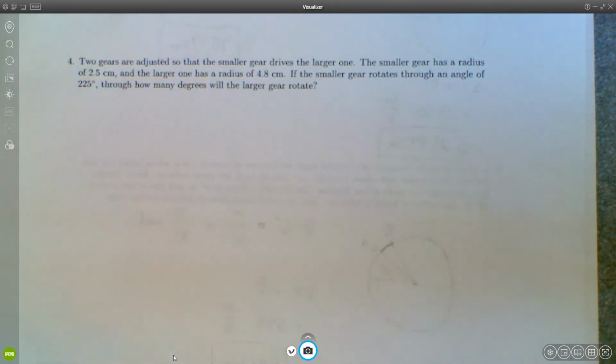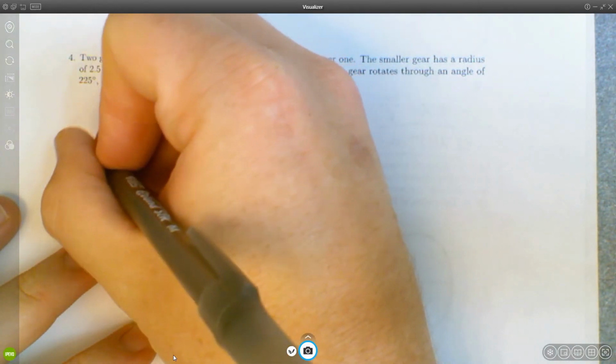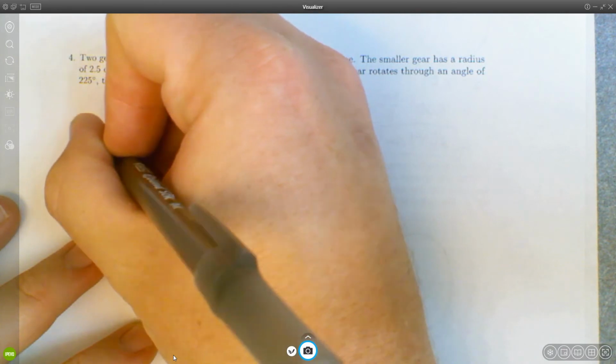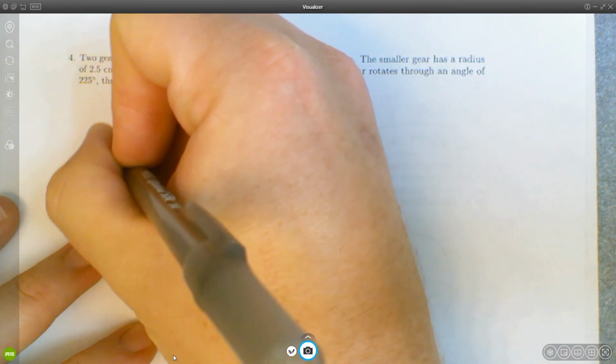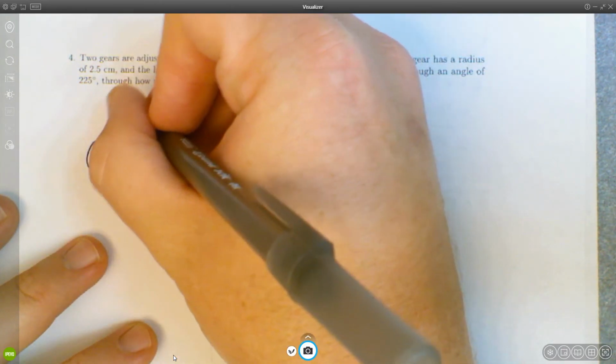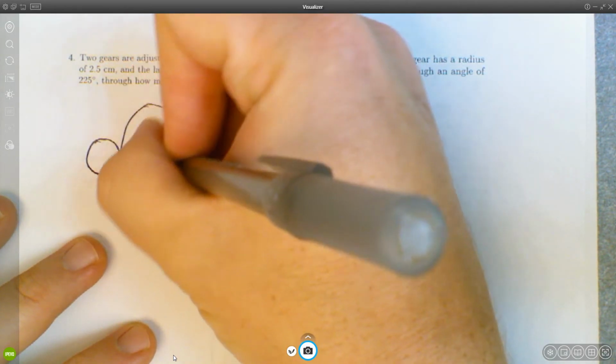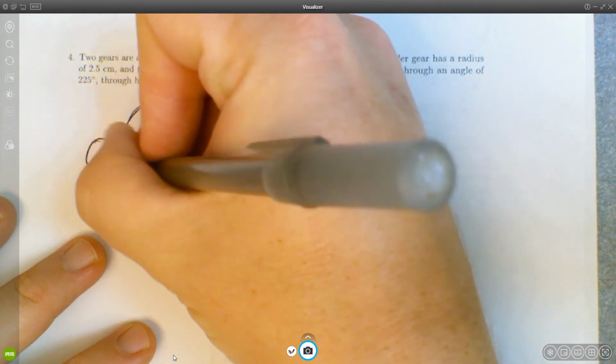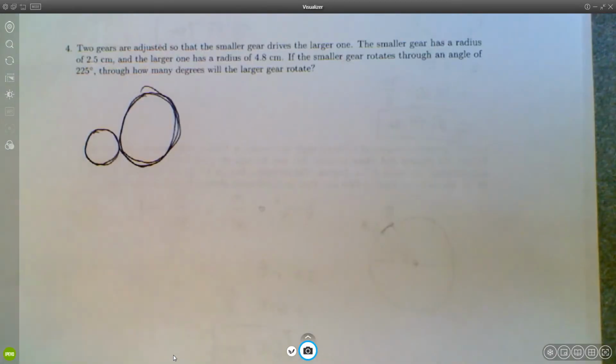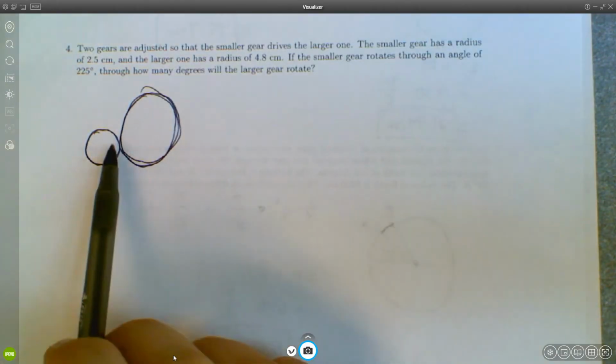Okay, well, I'm not going to try to draw gears that are interlocking. I'm just going to draw them as simple circles. But you've got a small gear, and then you've got a larger one. So you've got some kind of situation like this. Just pretend that these circles are actually circles and not ovals. But they're touching.